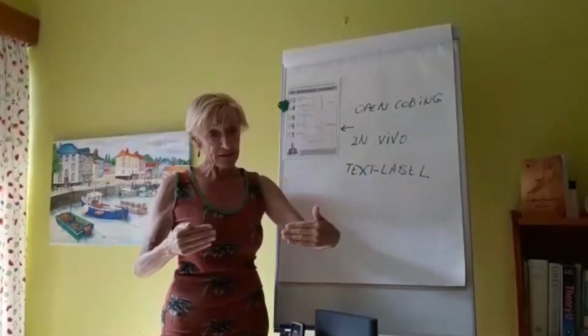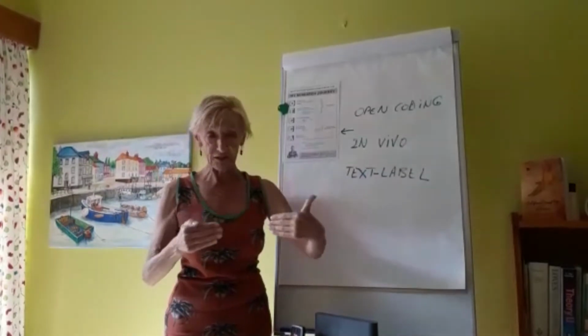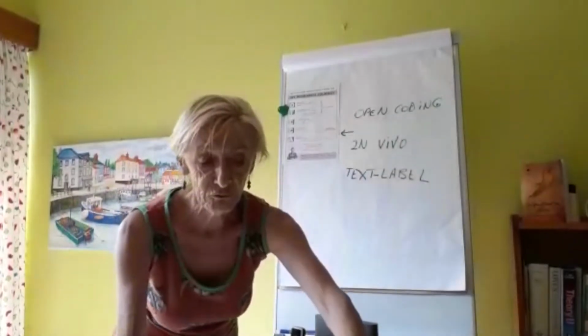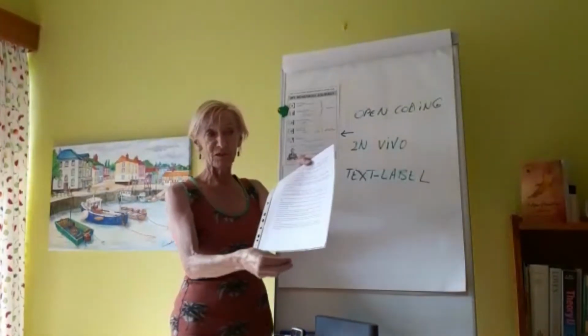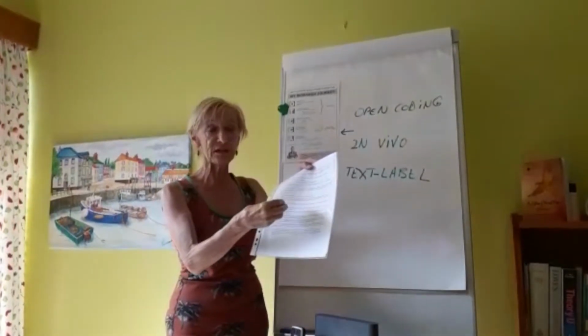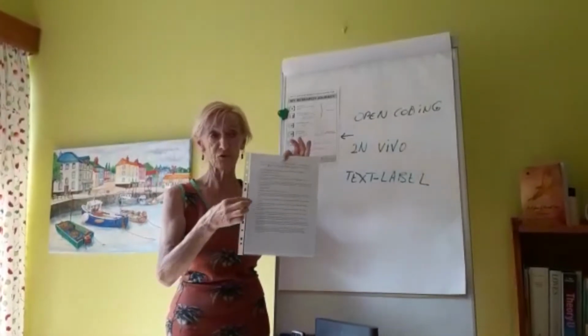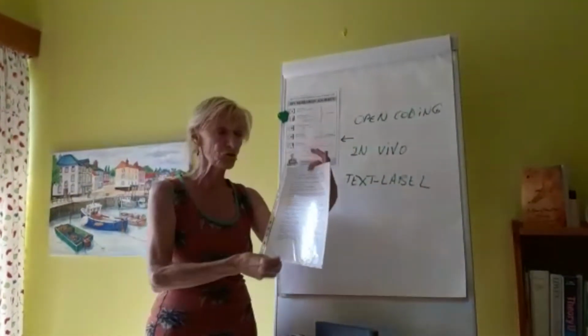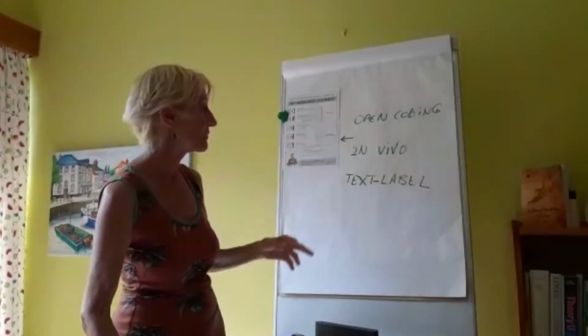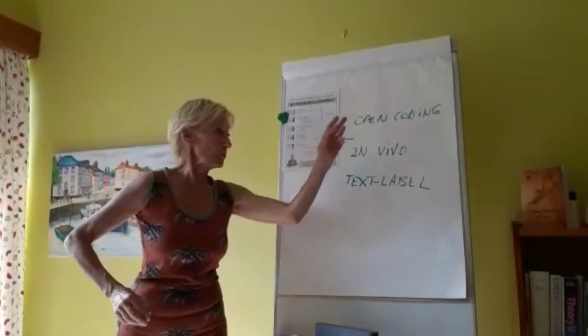Now let us take the example that you have done an interview, a group interview, a focus group interview, and you have the transcript of what everybody said. You have it neatly organized with the name or the code for the person who spoke at a certain time, and you go through what everybody has been saying. You're going to look for open codes.